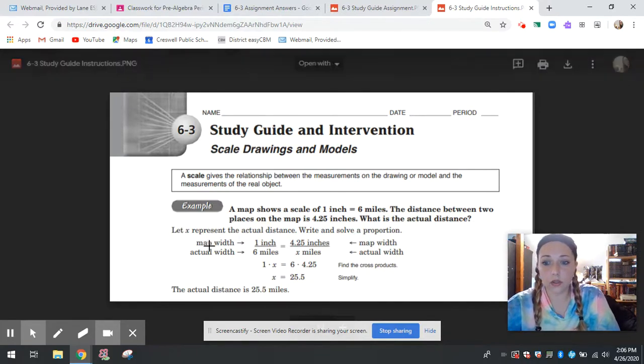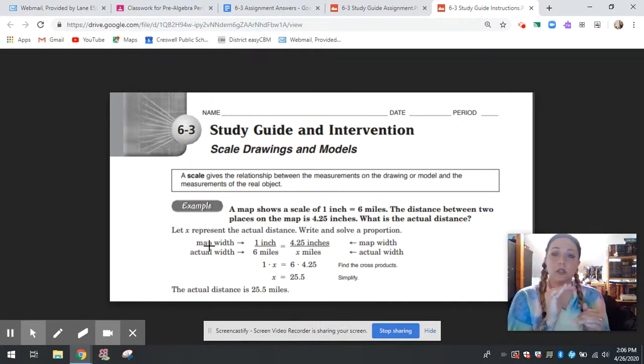So you have basically 2 things that you're comparing here: the map width and then the real life or actual width. So for the map width, if you have 1 inch compared to 6 miles, then you're going to have equals to 4.25 inches compared to, we don't know how many miles in real life that is, so that's where we put our x.